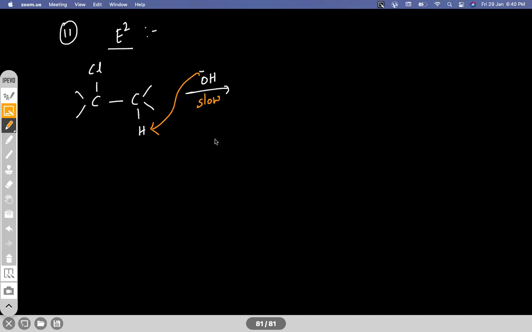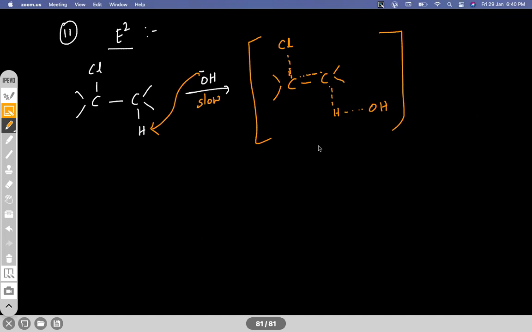When this H plus comes out, we get a transition state. What is the transition state? This hydrogen is getting attached to OH, this carbon-carbon bond is about to form, and this carbon-chlorine bond is about to break. This is the transition state we have.